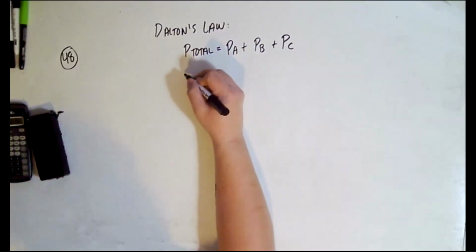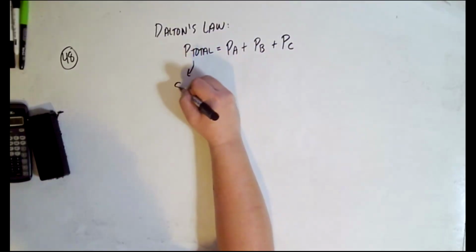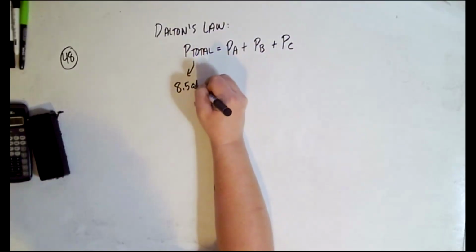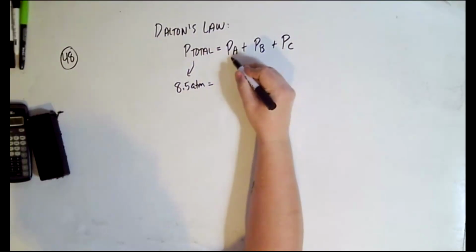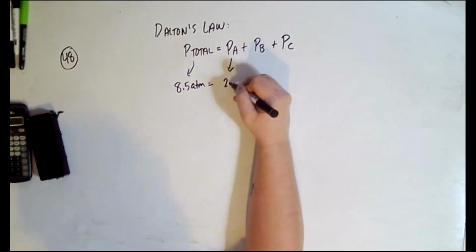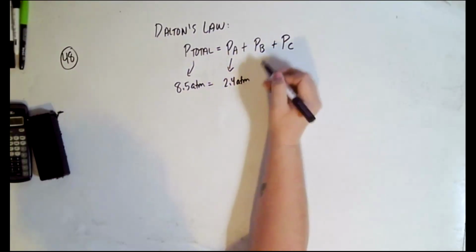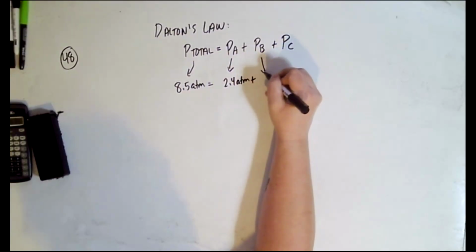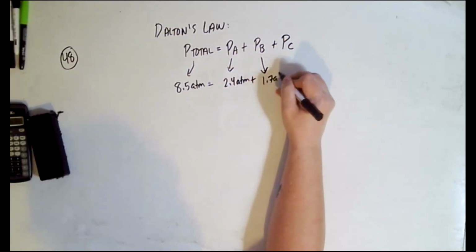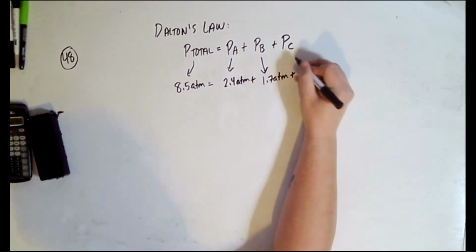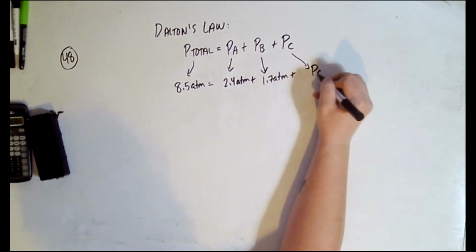They told us that total pressure value, said it was 8.5 atm. They told us the pressure of gas A. They told us the pressure of gas B. And they want us to find the pressure of gas C.